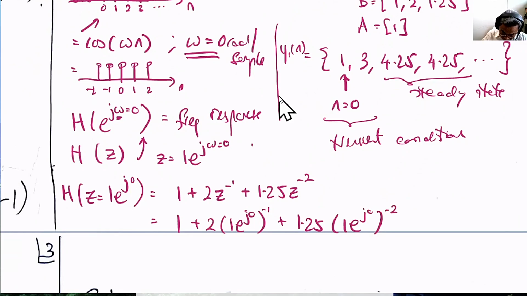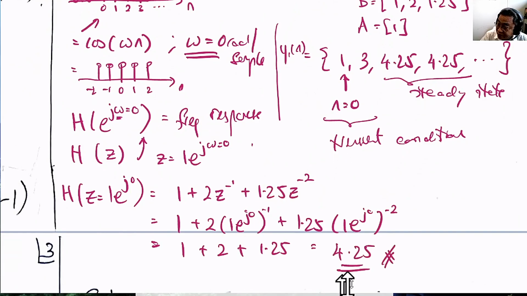You realize this is very simple. 1·e^j0 is 1, 1 over 1 is 1, and 1 squared is still 1. So basically it's 1 plus 2 plus 1.25, and the answer is 4.25. So you realize that this 4.25 looks like the 4.25 here.